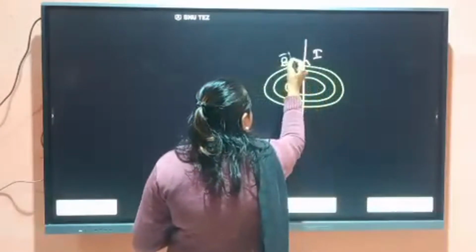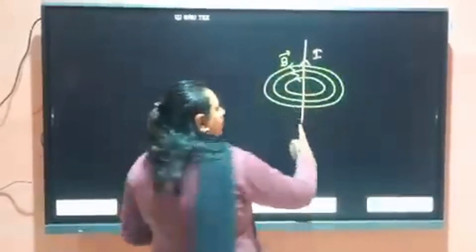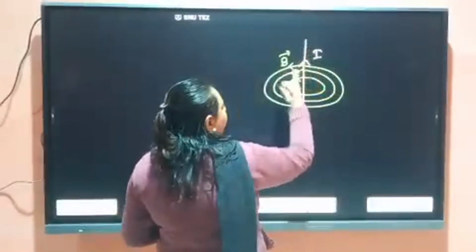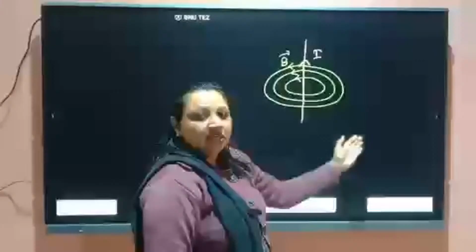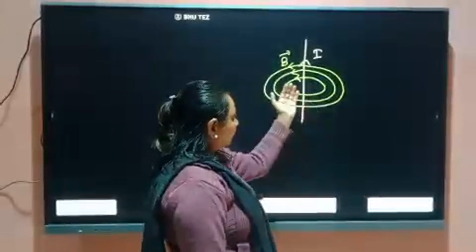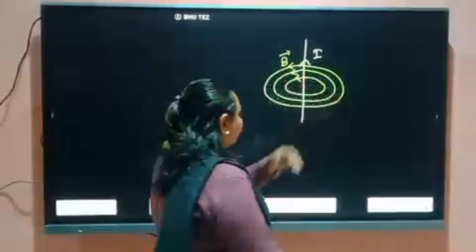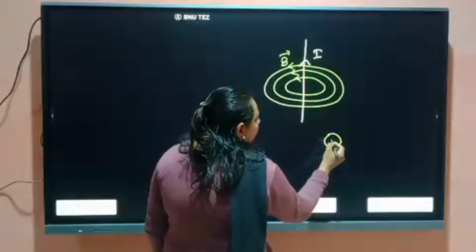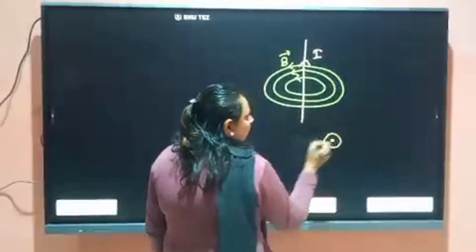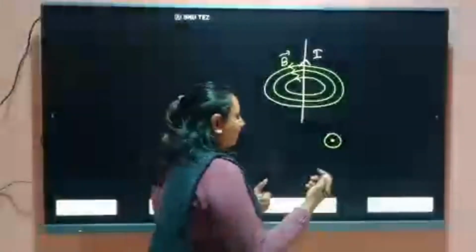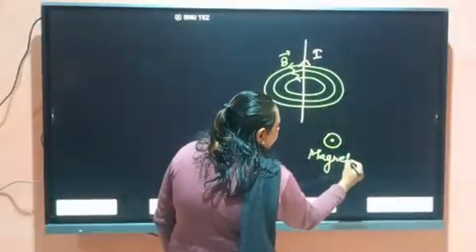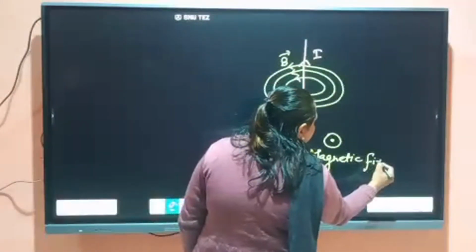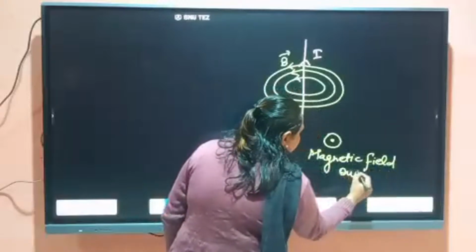ठीक है, so this is the magnetic field. If the current goes up, the direction of the magnetic field is like this. ठीक है, when the current or magnetic field is coming out from the screen or from the page, it is represented by a dot. ठीक है, अगर magnetic field बाहर आ रहा है, it is the direction of magnetic field outwards.